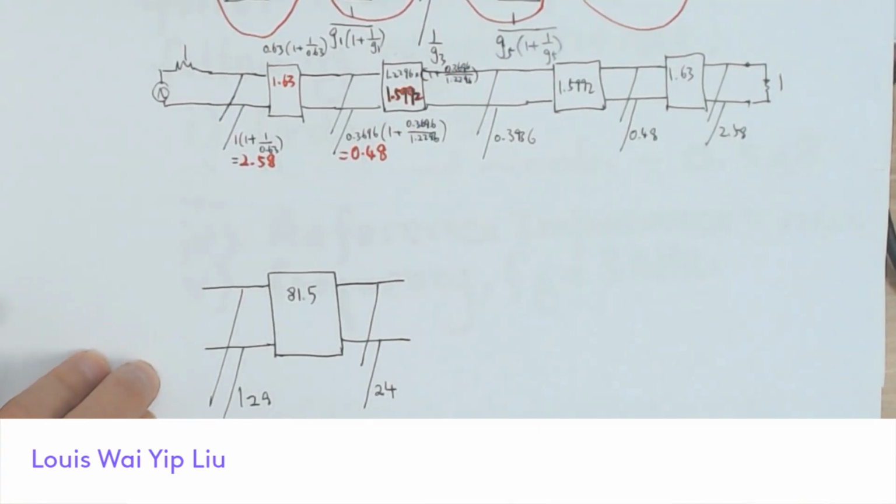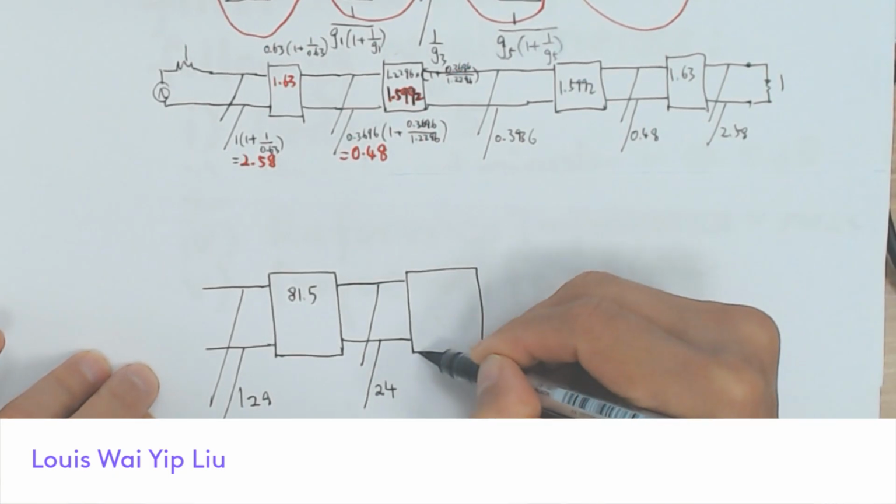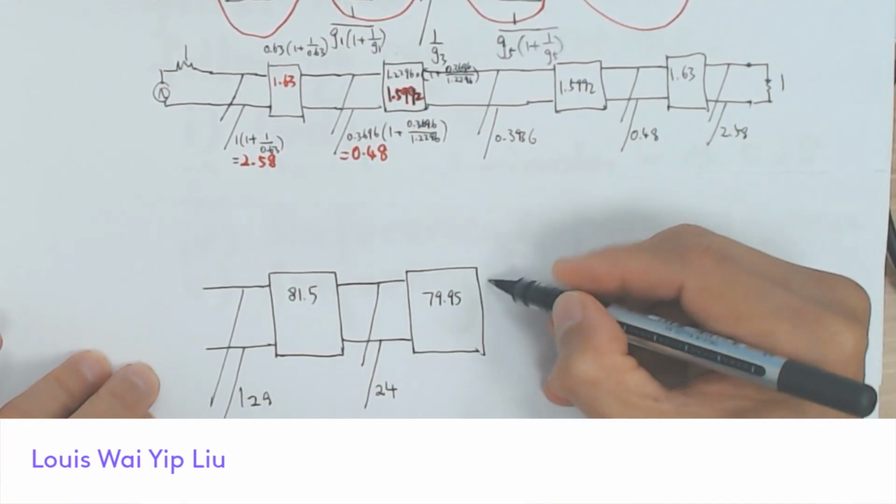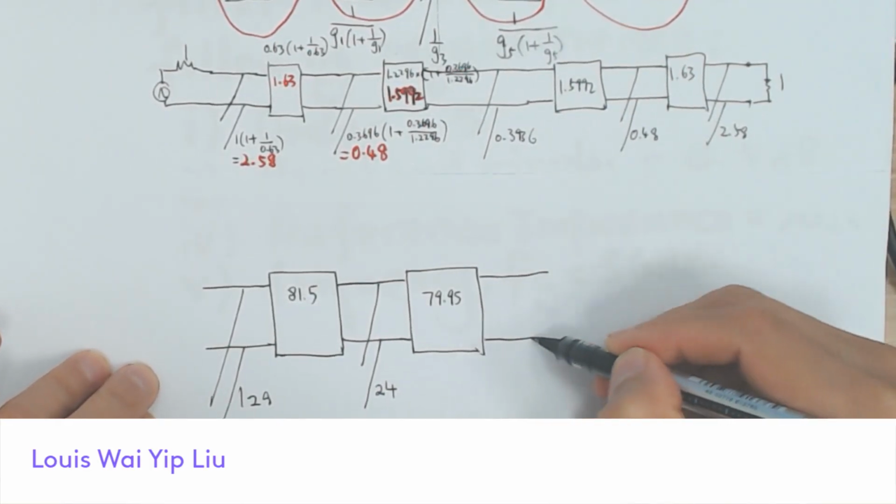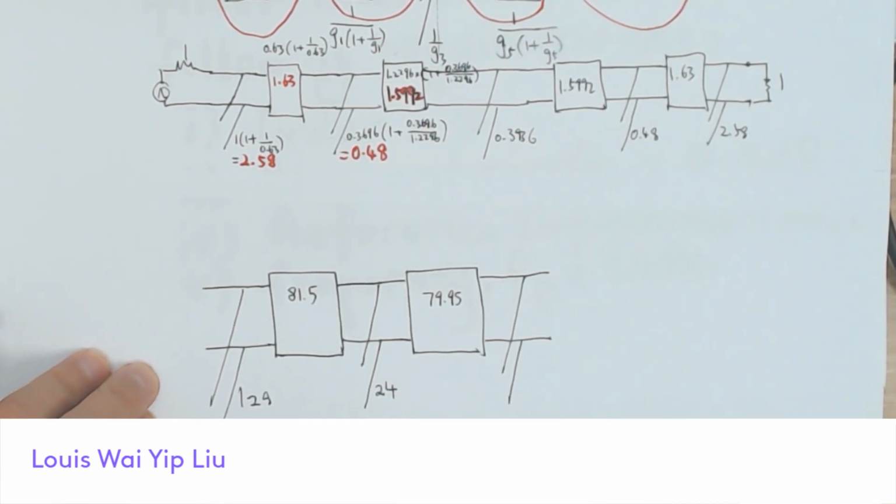This one here will be, sorry, I've got to type the number, it will be 79.95. And this one here will be 19.68.